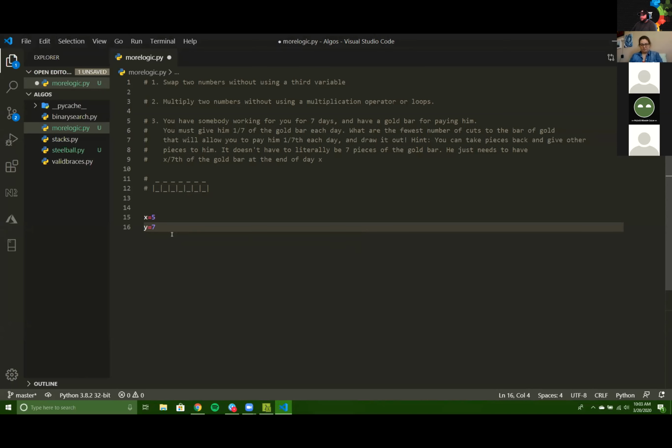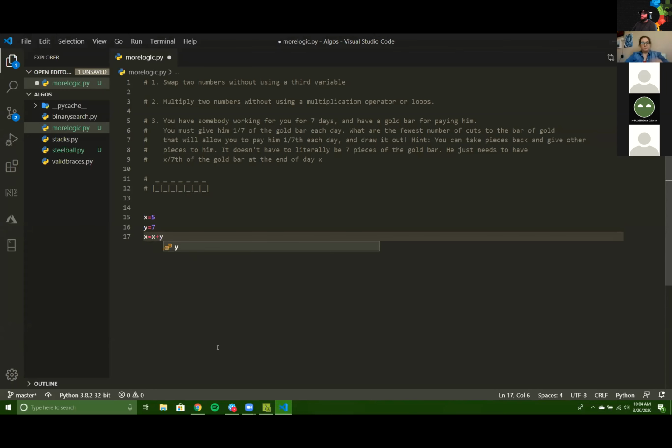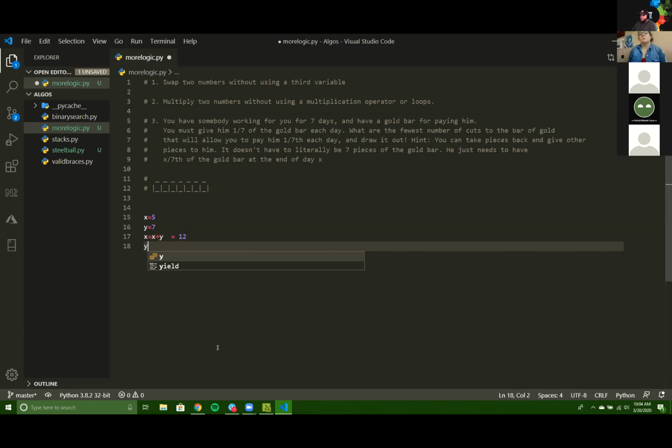Y equals 7. You make x equal to x plus y. That will make it 12, and then y equals x minus y.